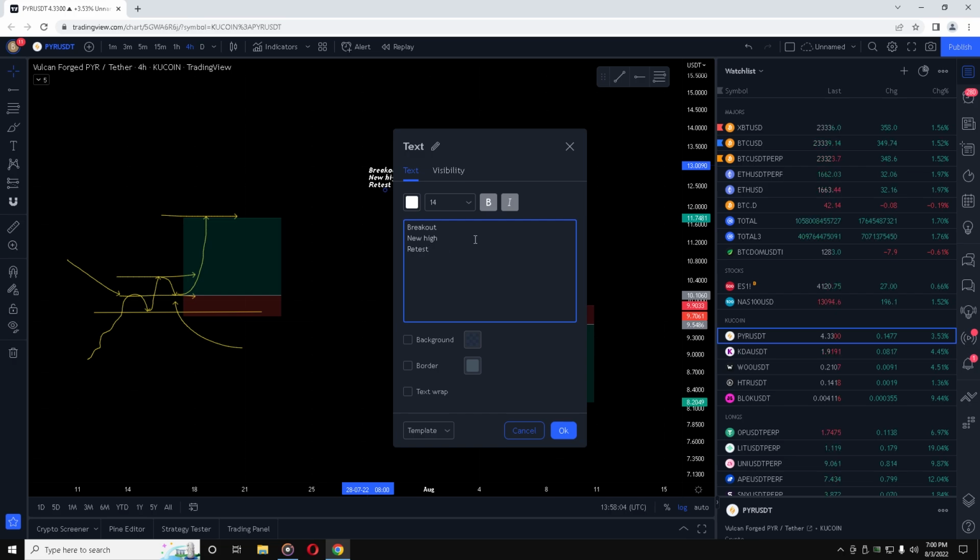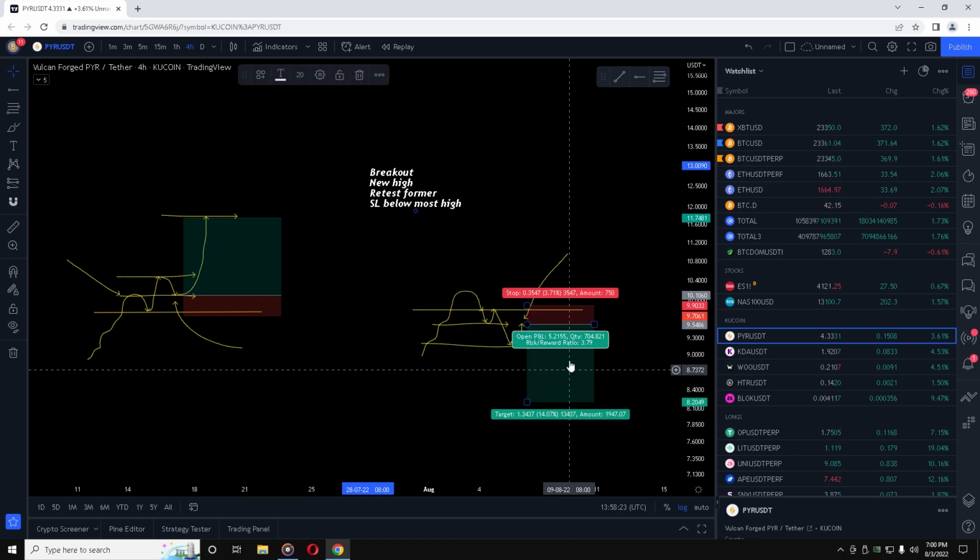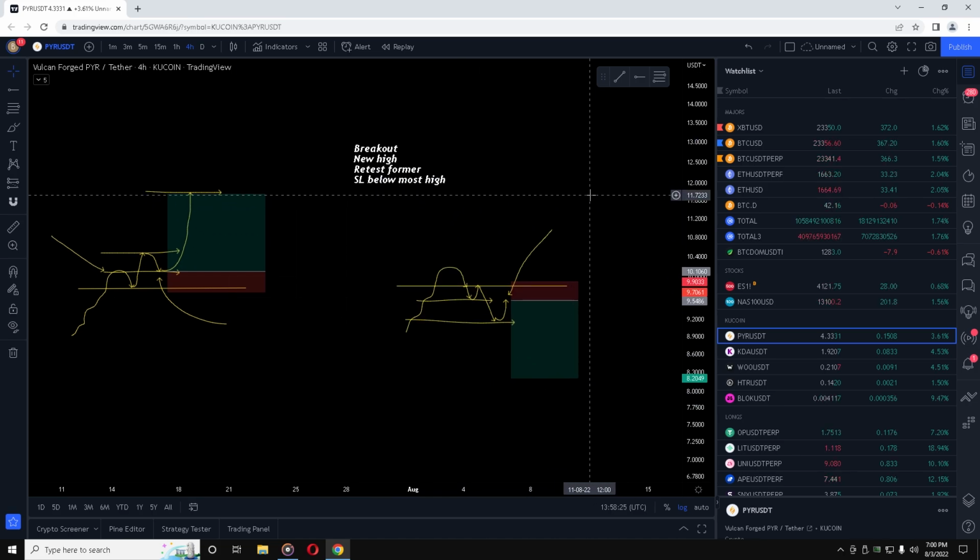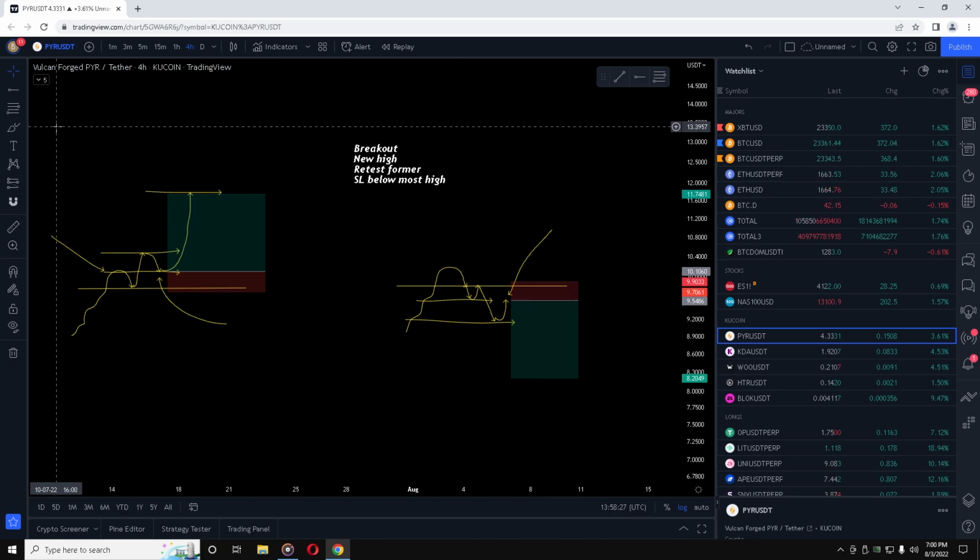Again, I'll mention where the former is. The former is this thing which previously had a breakout. Retest of the former, stop loss below or above the most recent high or low. That's it. That's the most simple price action trading strategy I use throughout all trades, and this is basically what happens throughout all my charts.